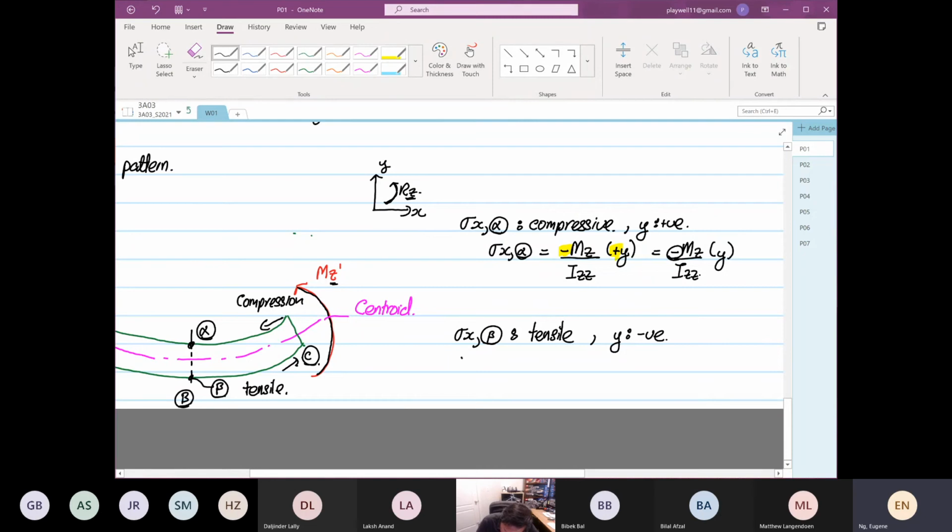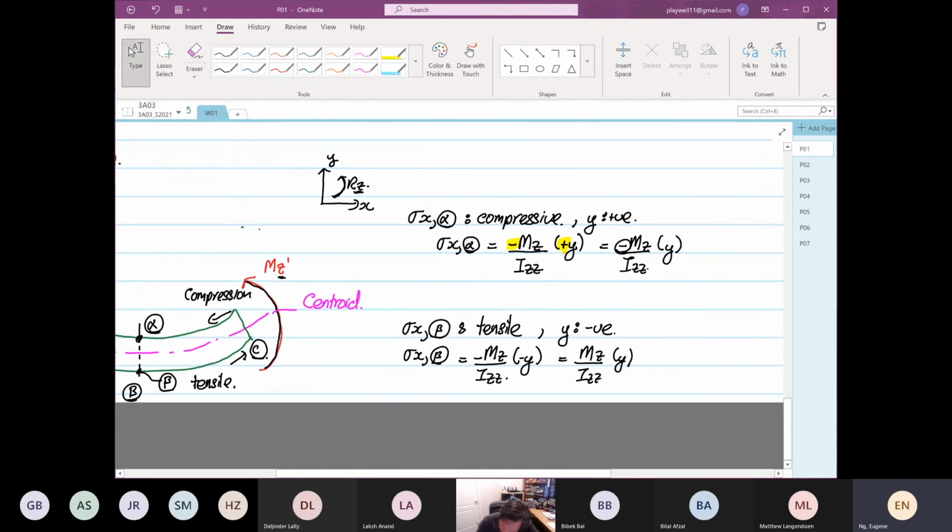We have stress x at beta, which is equal to minus Mz over Izz multiplied by negative y. So this will be equal to Mz over Izz multiplied by y. So we know that this is positive, and that's negative. So that's why it's tensile.